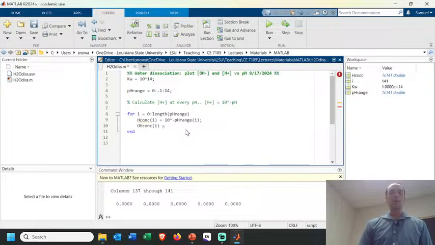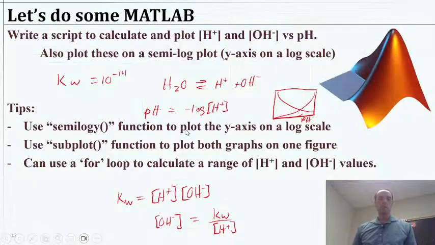So I'm going to do the same thing, but here I'm going to say, well, now we have to go back to our calculation and substitution to say the OH concentration is going to be the Kw divided by the H plus, right?